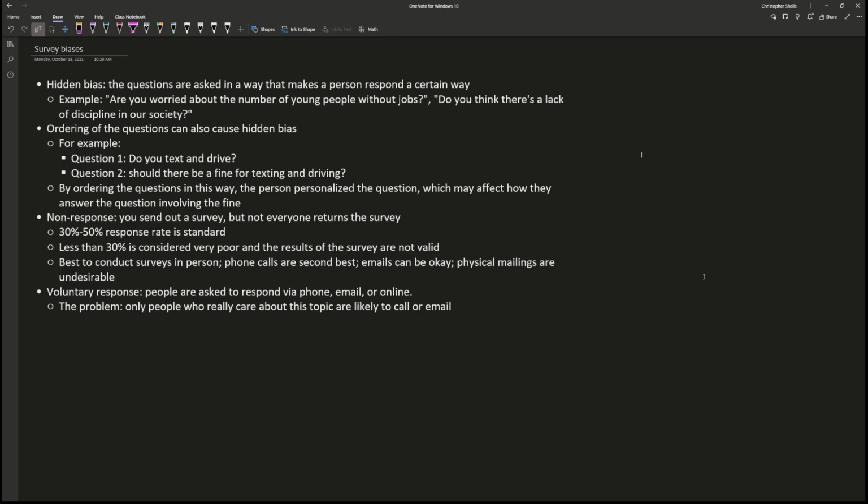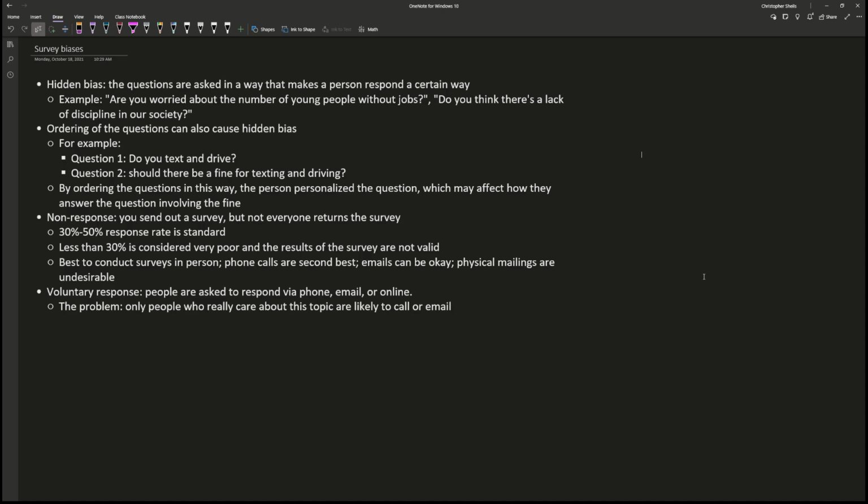Voluntary response is where people are asked to respond via phone, email, or online. The problem with voluntary response surveys is that only people who really care about the topics are going to respond. So note here that all studies do involve volunteers.